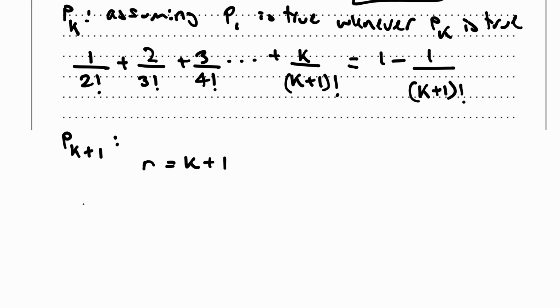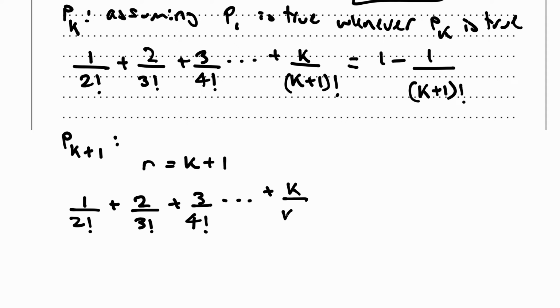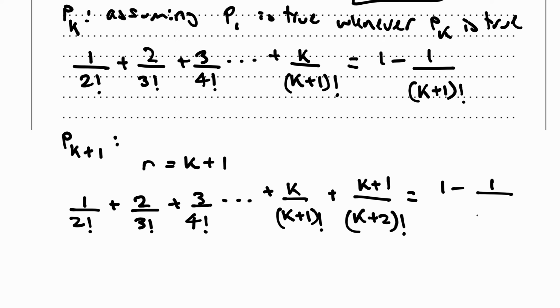Well, we'll simply be left with 1 over 2 factorial plus 2 over 3 factorial plus 3 over 4 factorial all the way to k over (k plus 1) factorial plus the next term of this, (k plus 1) over (k plus 2) factorial. And that must be equal to 1 minus 1 over, and instead of k plus 1 it will now be (k plus 2) factorial.